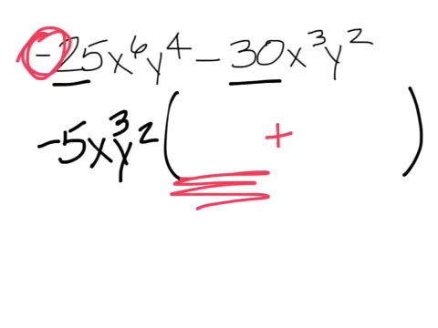Negative 5 times something is negative 25. It is 5. X to the third times something is x to the sixth. Not 3. 2. Remember, you got to listen to the question. X to the third times something is x to the sixth. It's not 3 because that would give me 3x to the third.